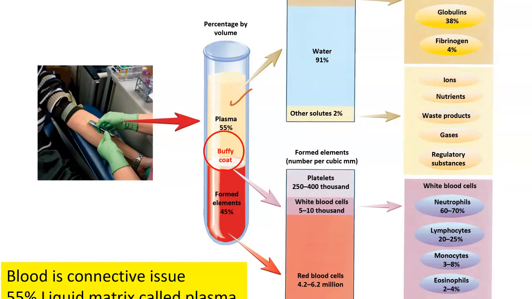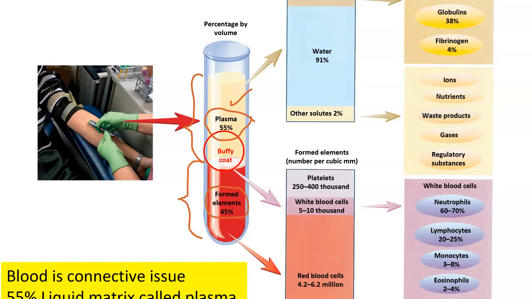The heavier components, which in this case will be cells, will be at the bottom. So blood is essentially fractionated into two components: the light fluid plasma, which represents 55% of blood, and the heavier cells or cell debris, which represents 45% of the blood.